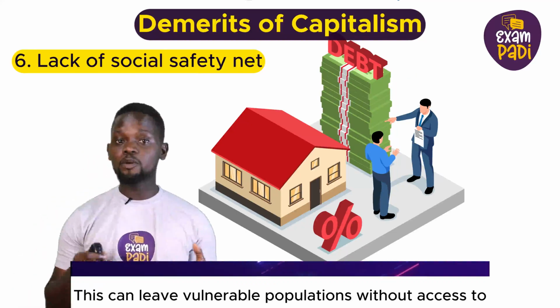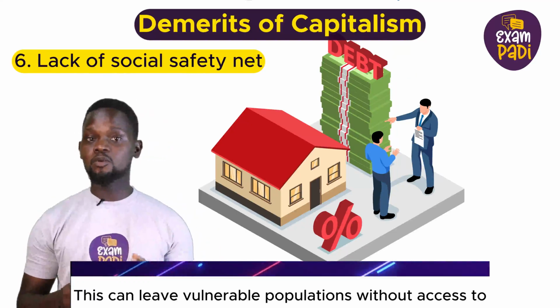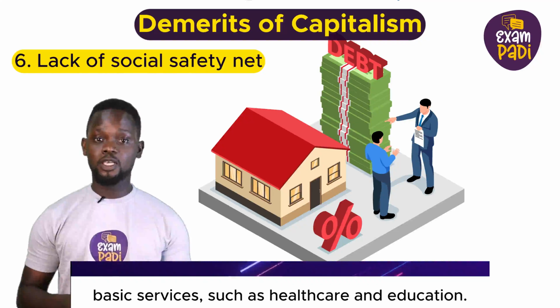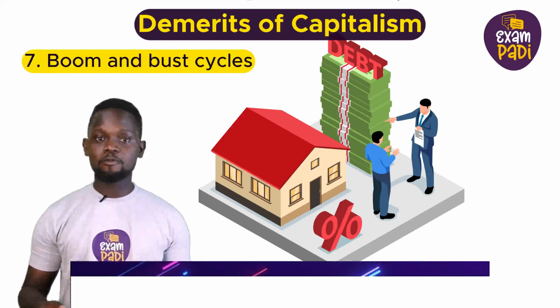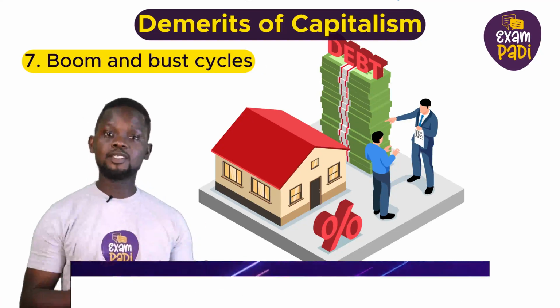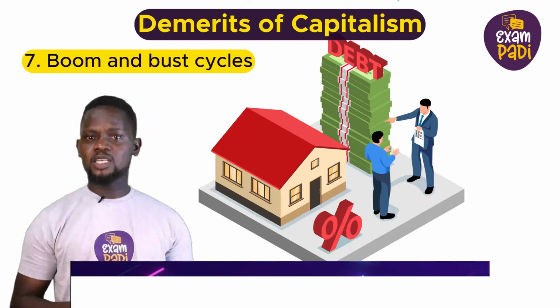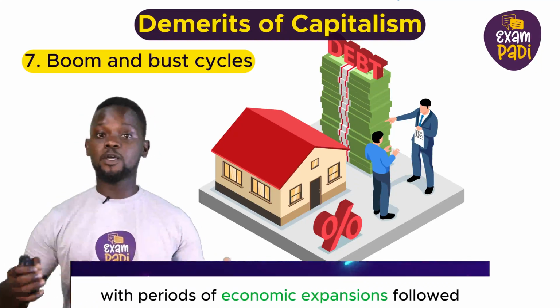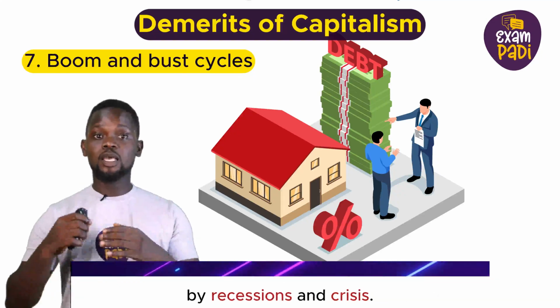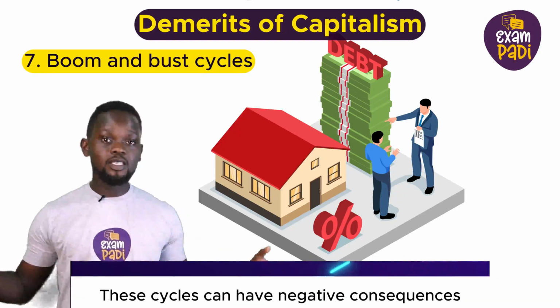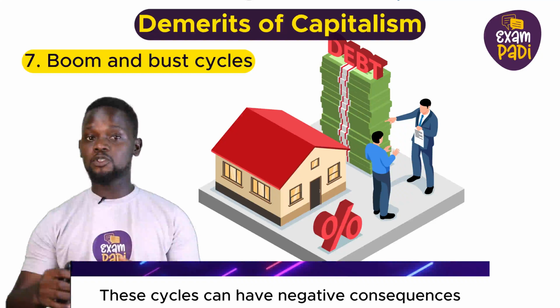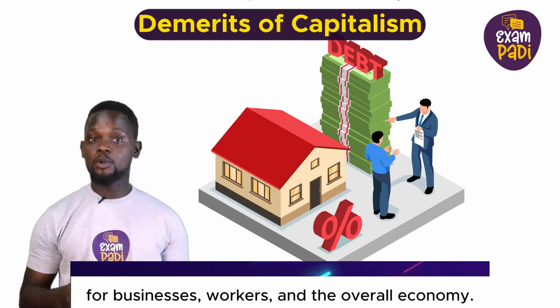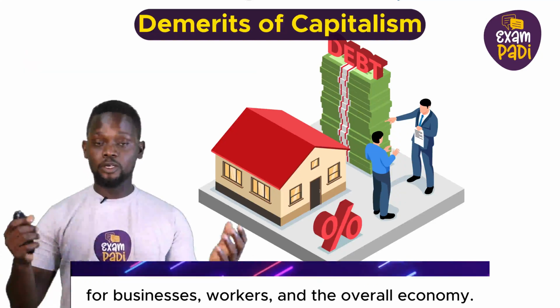These can leave vulnerable populations without access to basic services such as healthcare and education. 7. Boom and bust cycles. Capitalism is characterized by boom and bust cycles, with periods of economic expansions followed by recessions and crises. These cycles can have negative consequences for businesses, workers, and the overall economy.